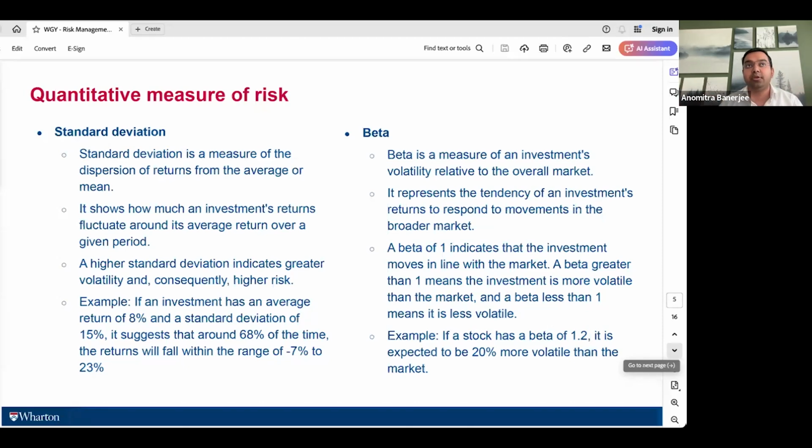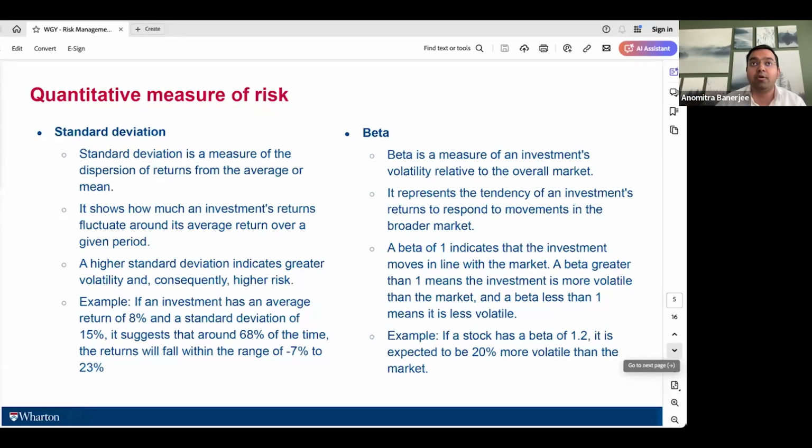And the volatility of the market you can get from sites like Google Finance or Yahoo Finance. They will tell you that the market today is X% volatile, which means that the market might go up 5% or go down 7%, right? So when you know that today the market can go up 5% or down 7%, and your stock has a beta of, say, 1.4, it means that it is 40% more volatile than the market itself.